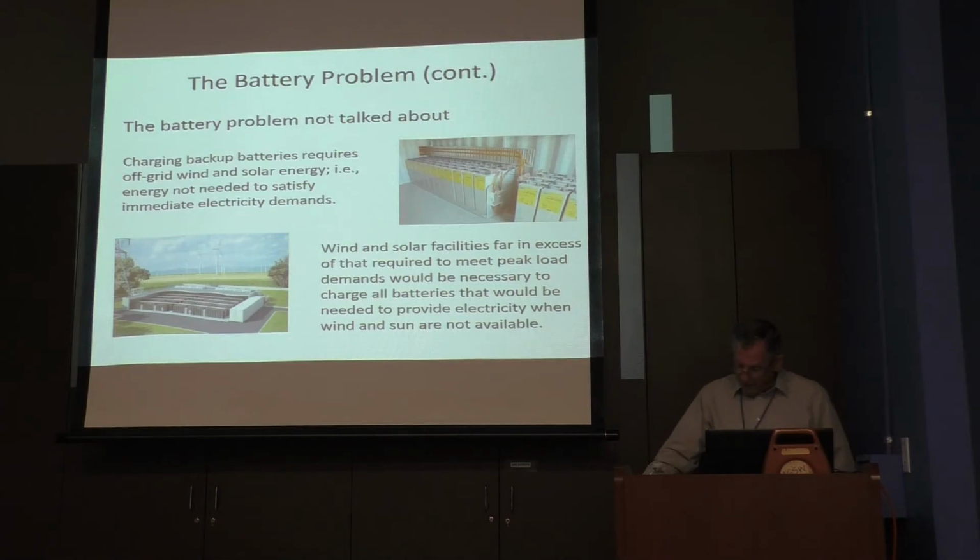And lithium-ion battery energy storage systems are generally designed for only a few hours of energy storage, which may be enough to accommodate daily swings in solar and wind electricity generation, but absolutely insufficient to accommodate long periods when the sun and wind are unavailable.